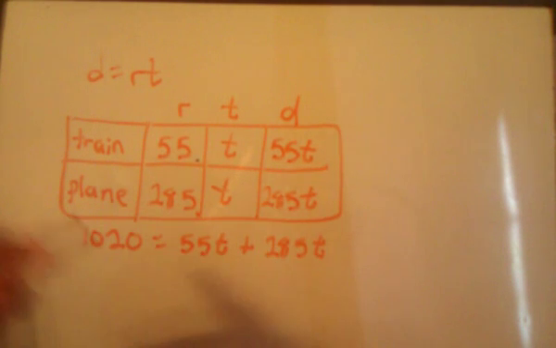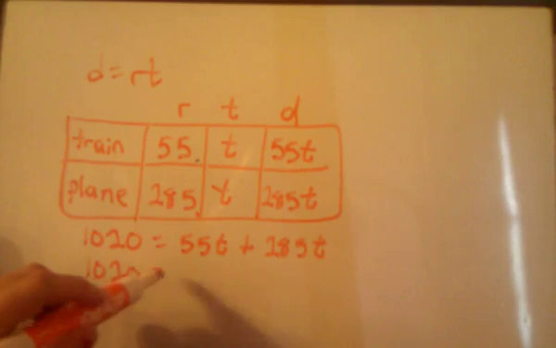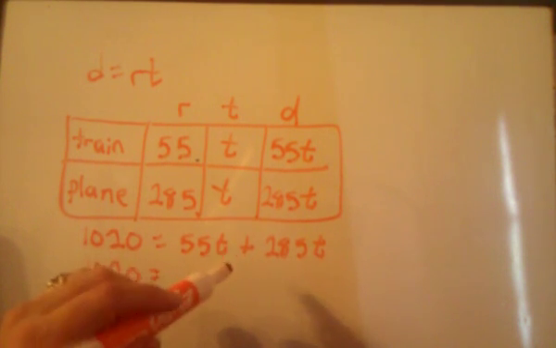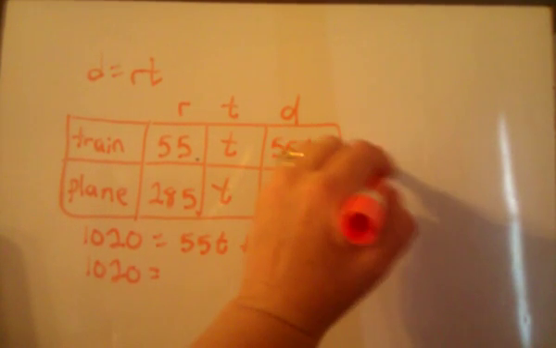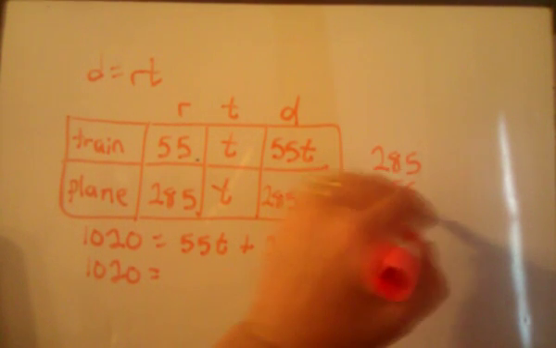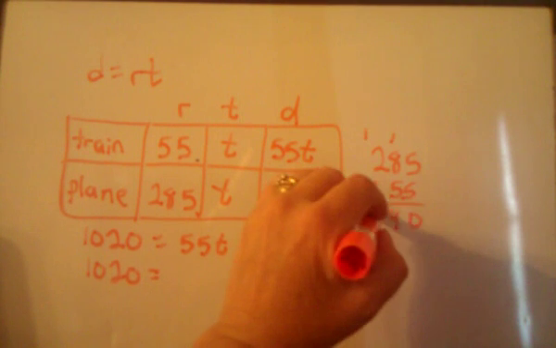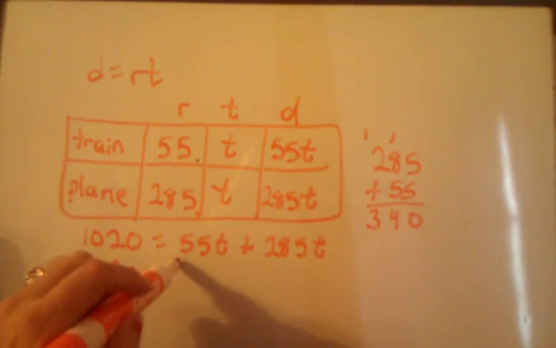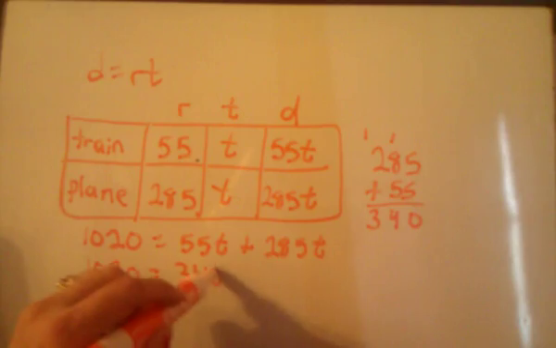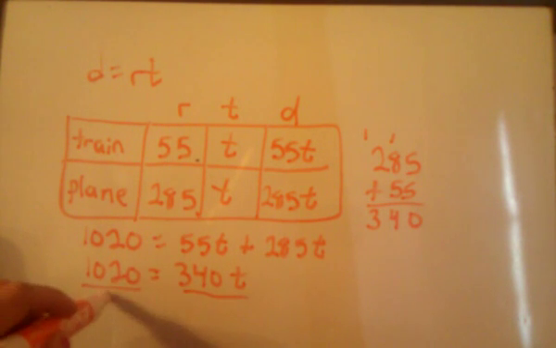Okay. If you add 285 plus 55, 285 and 55, 9 plus 5 is 14, 340. 340t. Okay, and divide by 340.